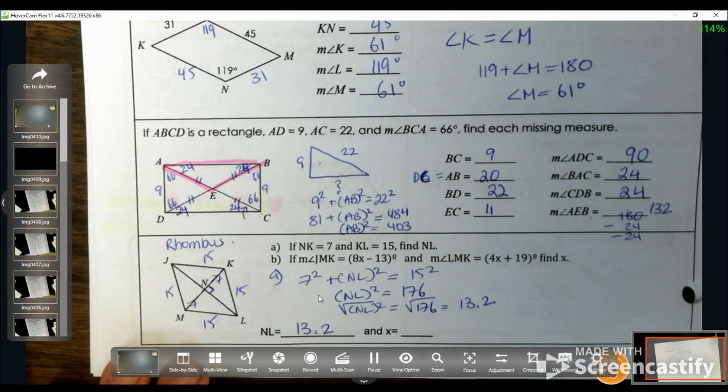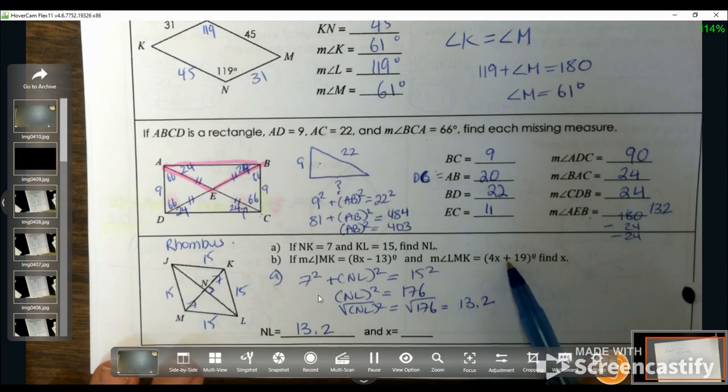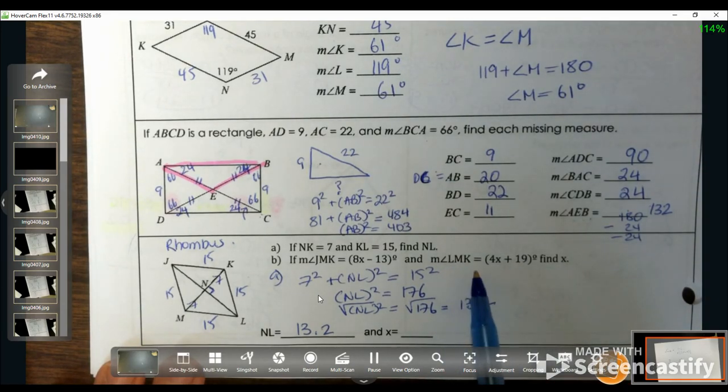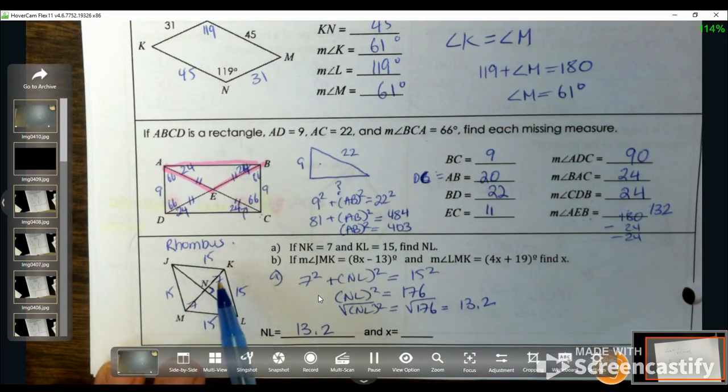Now let's look at, to figure out what L is. Let's see, where is KM, LMK? LMK. Okay.